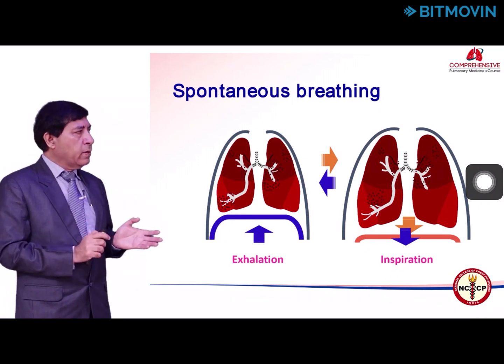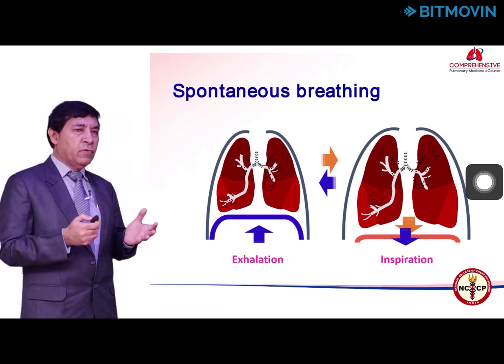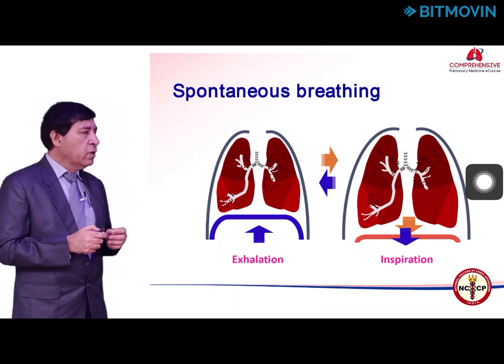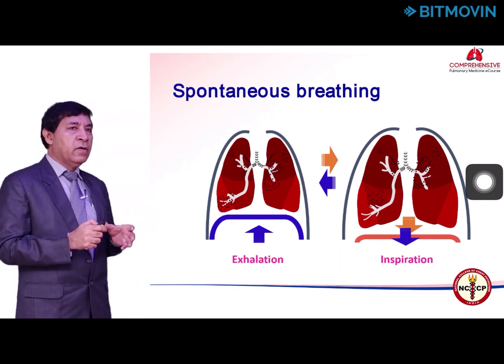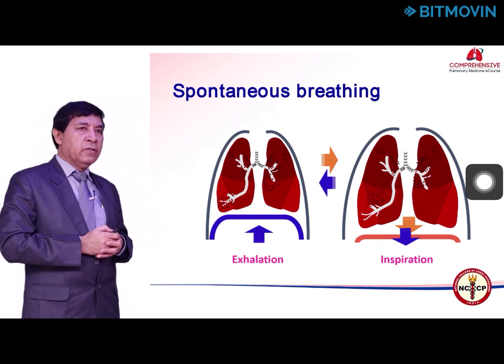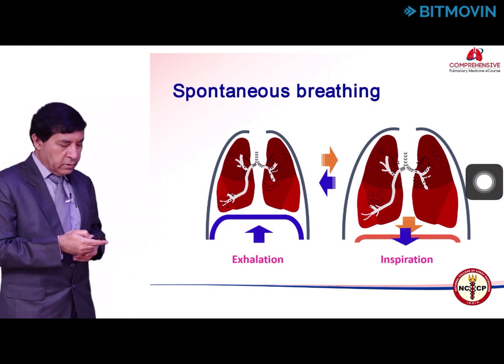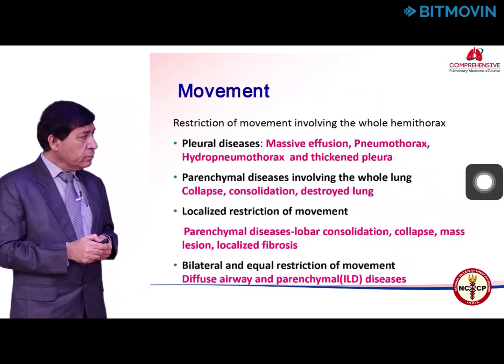When a person breathes, he takes in a volume with each breath, which we call tidal volume, which is uniformly distributed in both lungs. So in normal conditions, there is a bilateral uniform expansion of the chest, and this expansion varies between 4 to 6 centimeters, with an average of 5 centimeters.